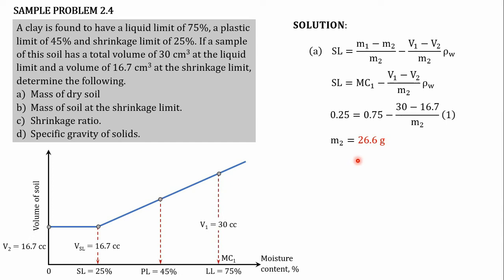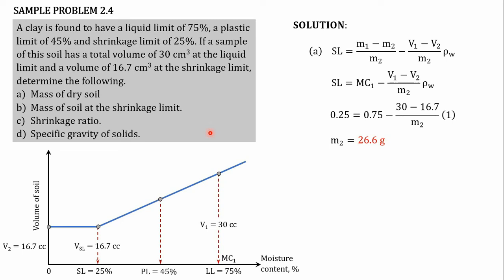Got me, class? Okay, so B: determine the mass of soil at the shrinkage limit. When we say mass of soil at shrinkage limit, we know that at shrinkage limit the moisture content should not be equal to 0.